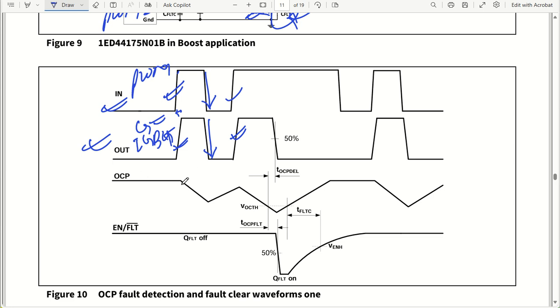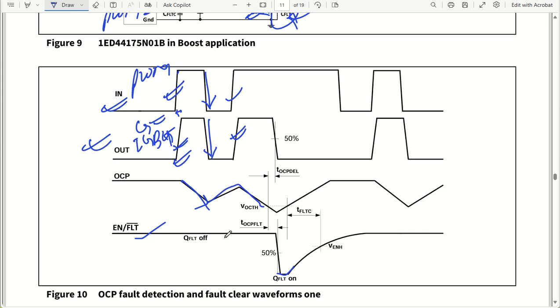For overcurrent protection, you can see that as soon as it goes high, it will go low, because if there is no problem with the overcurrent, it will always be in range. This is how it works. The fault pin will go low when there is a fault. If there is any fault, only then will the fault signal be triggered, otherwise it will always be fault off.